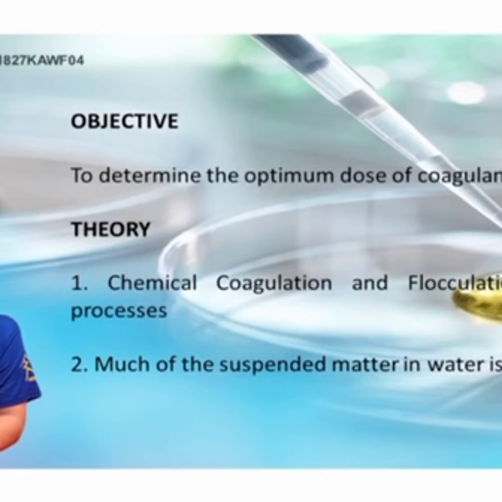Much of the suspended matter in water is colloidal in nature. Colloidal suspended particles cannot be removed by gravity sedimentation alone as they are negatively charged, and repulsion of particles from one another keeps them in solution.